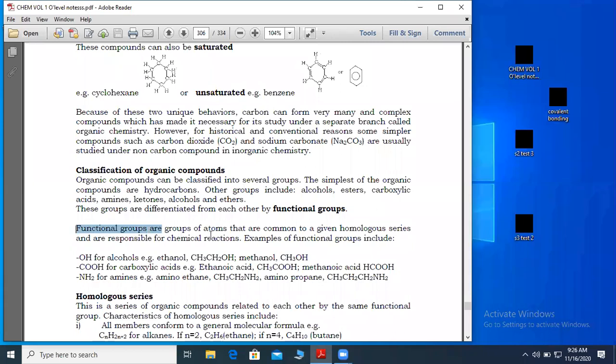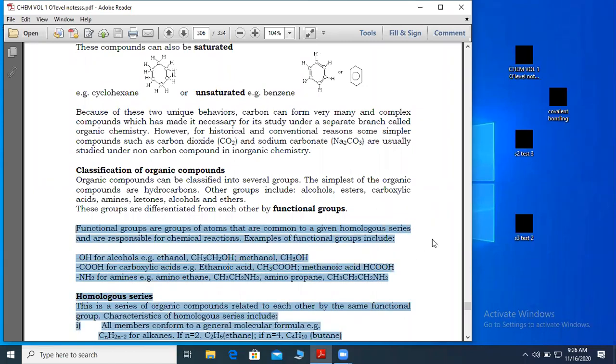A functional group is a group of atoms or an atom that is common to a given homologous series of organic compounds, and that atom or group of atoms is responsible for the chemical properties of those compounds. For example, all alkenes have a double bond between carbon atoms. So when you see a double bond between carbon atoms, that is a functional group, because it helps you to know that all those compounds are alkenes.